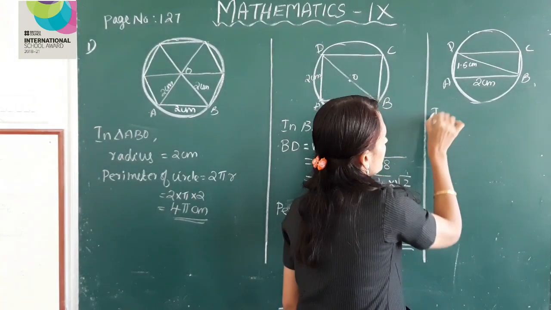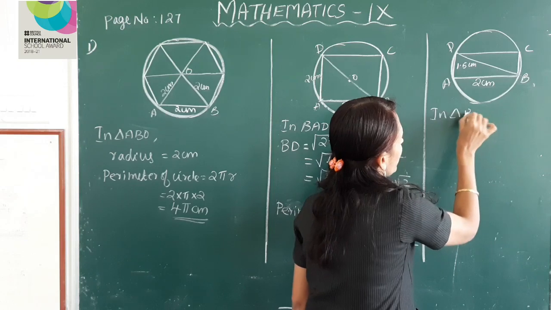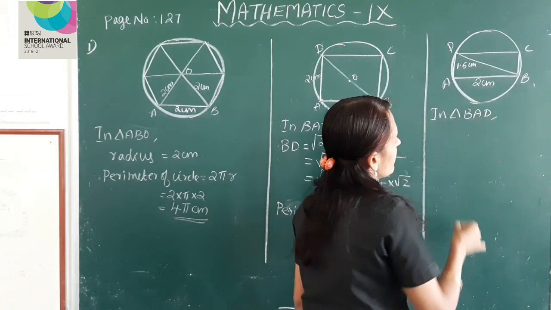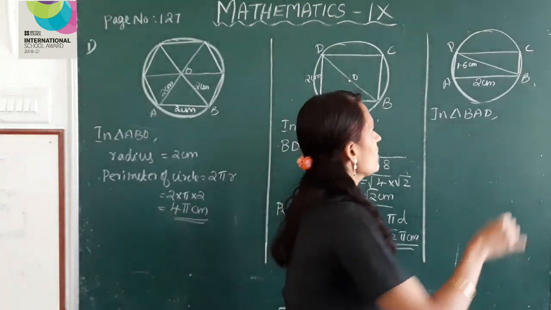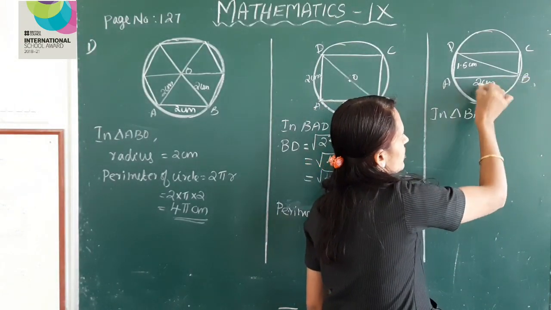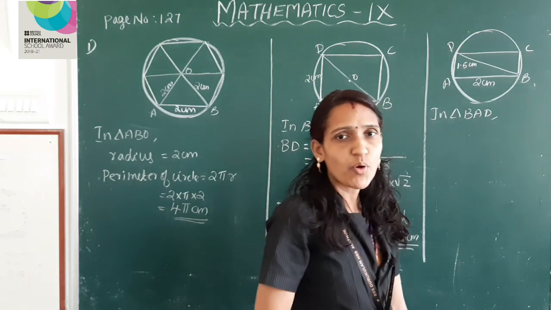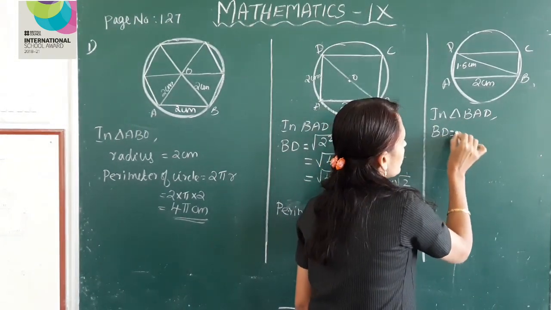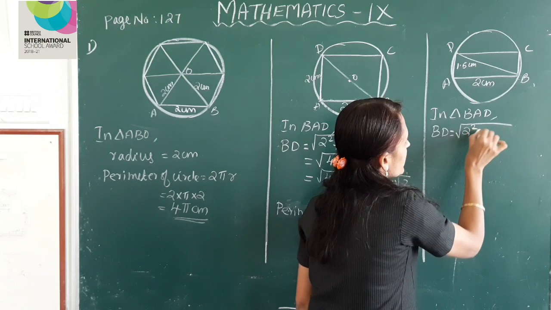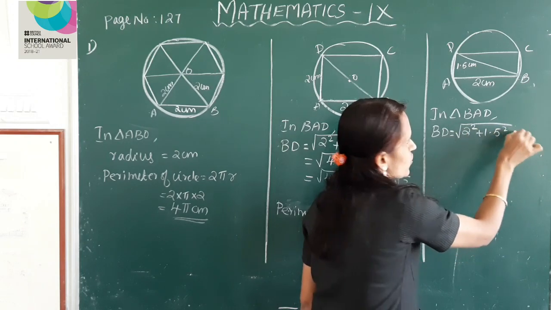So consider in triangle BAD, it is a right triangle. Here base is 2 centimeter and altitude is 1.5 centimeter. So BD is equal to root of base square plus altitude square.